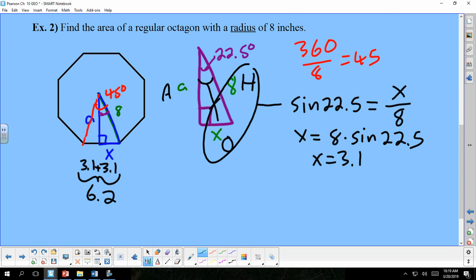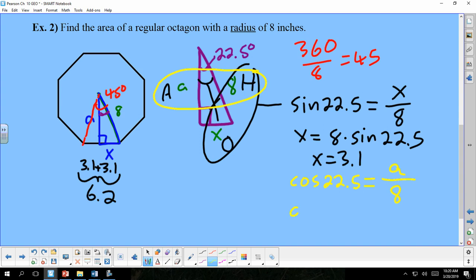Next, let's go ahead and solve for the a over here. We have a and h, so that's going to be cosine 22.5 equals a over h. And again, I'm going to multiply.